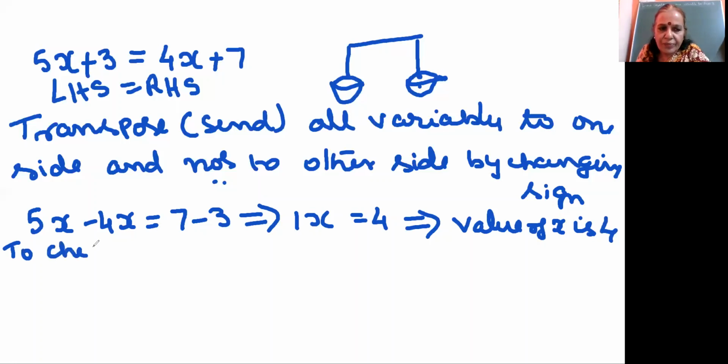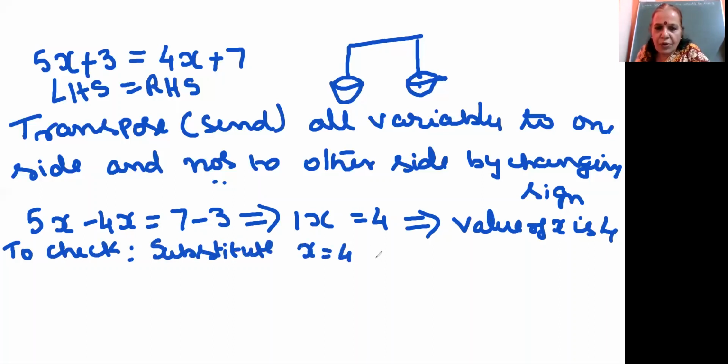To check, substitute x equal to 4 in the given equation.